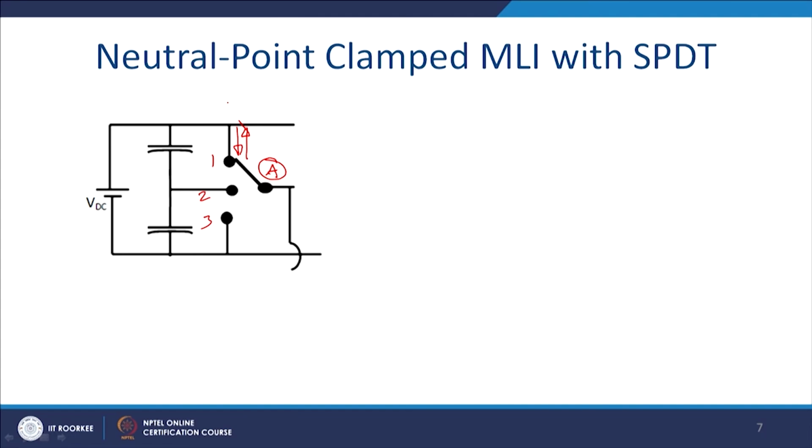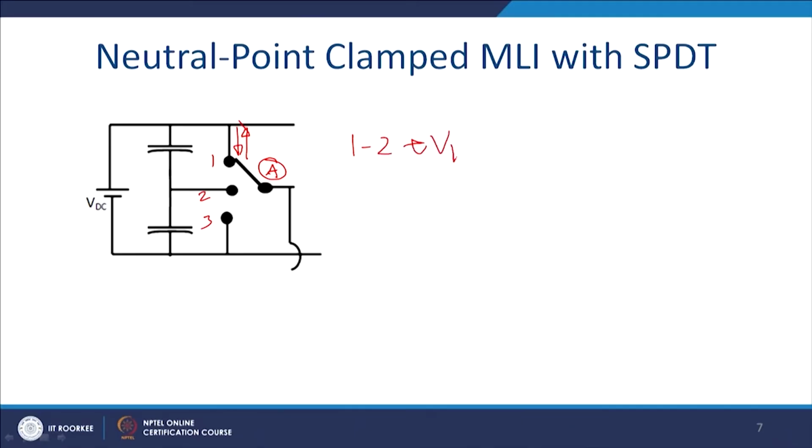Current can be bidirectional, so you require a switch with bidirectional current conducting capability. Also, between points 1 and 2 the required blocking voltage VB is VDC, or here in this case VDC by 2. In the same way, the blocking voltage between 1 and 3 is required to be VDC. So, this is for all other cases.